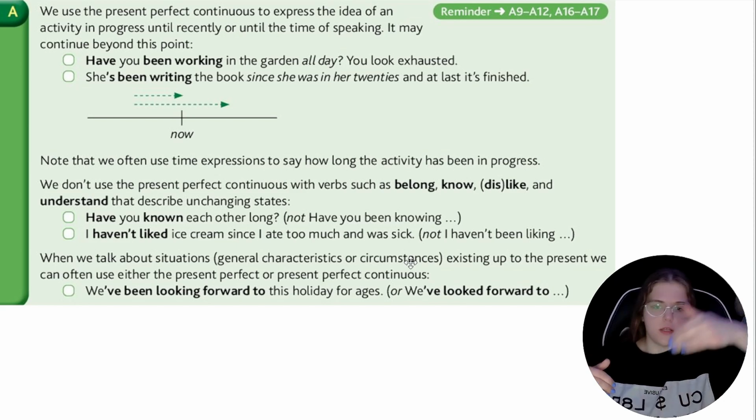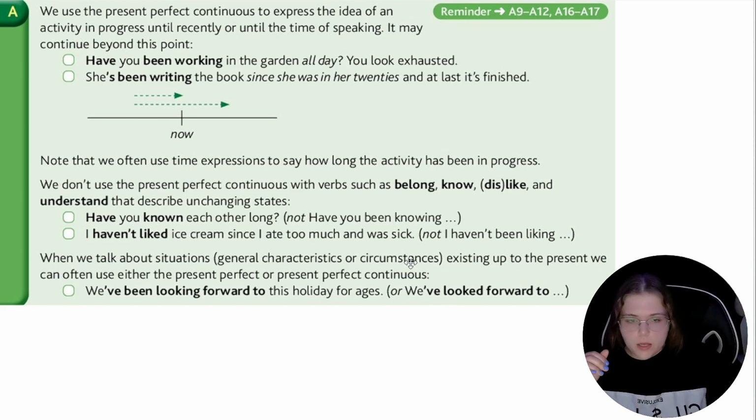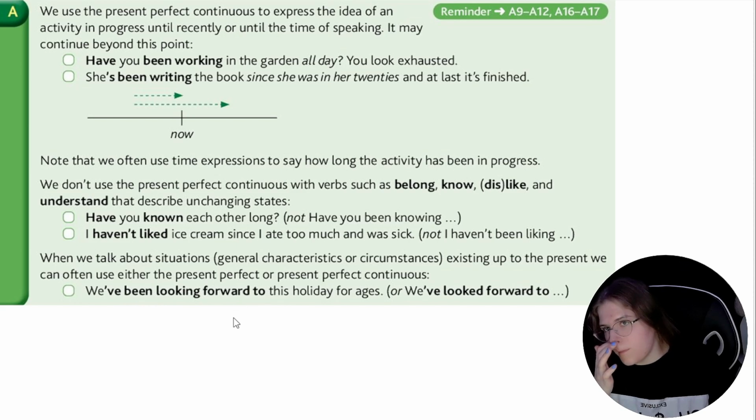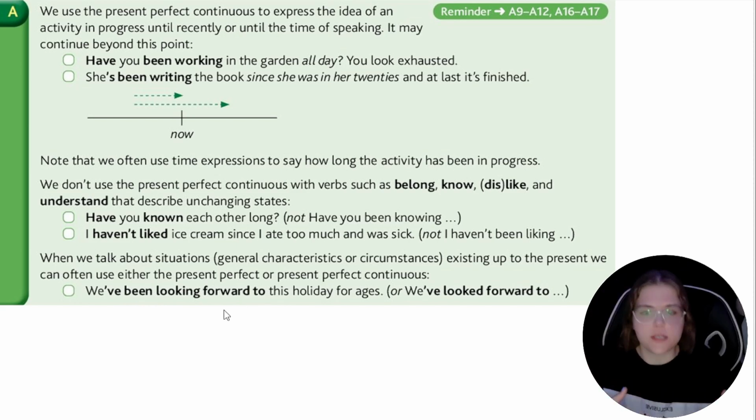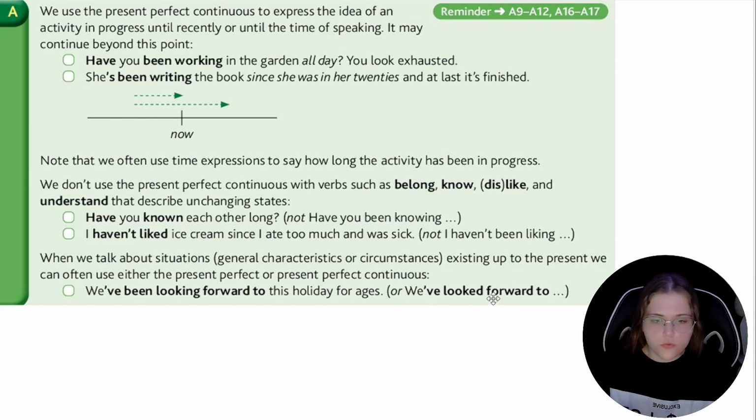the action, then consequences. Existing up to the present, we can often use either the present perfect or present perfect continuous. For example, we've been looking forward to, waiting for, with the desire. We've been looking forward to this holiday for ages, or we've looked forward to.